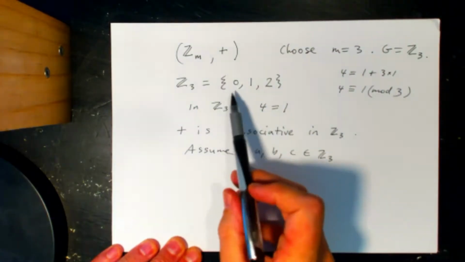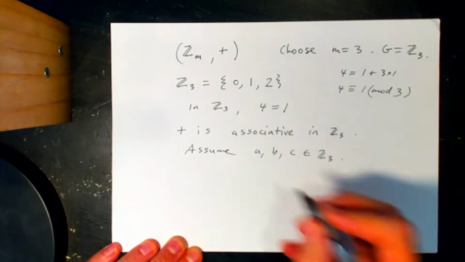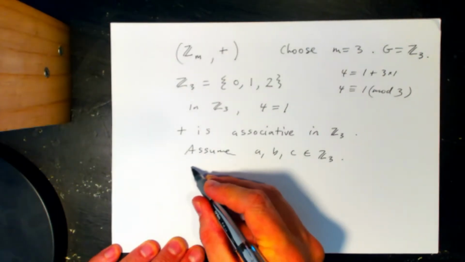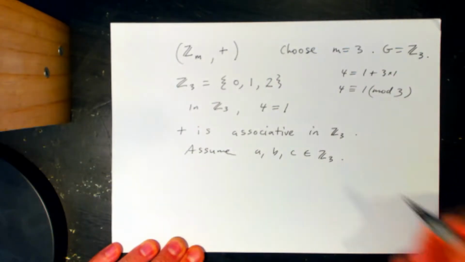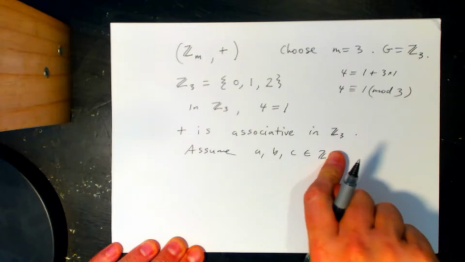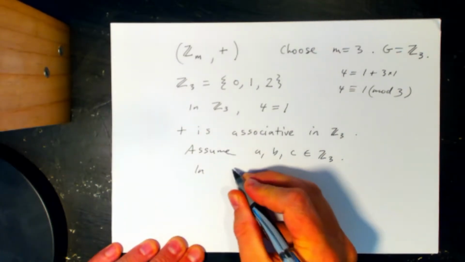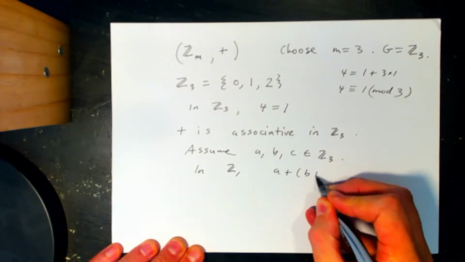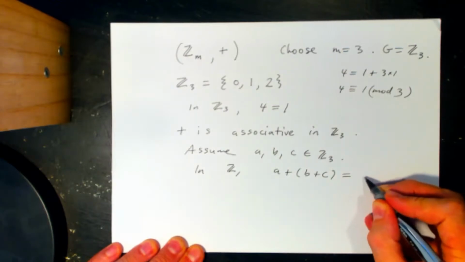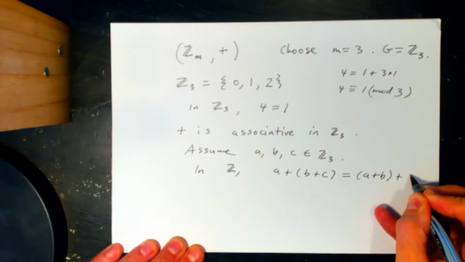Okay, so we're talking about one of these three elements, 0, 1, or 2. Now first, actually, if you just cover this up and just talk about those as integers, so in integers, A plus bracket B plus C is equal to brackets A plus B bracket plus C.